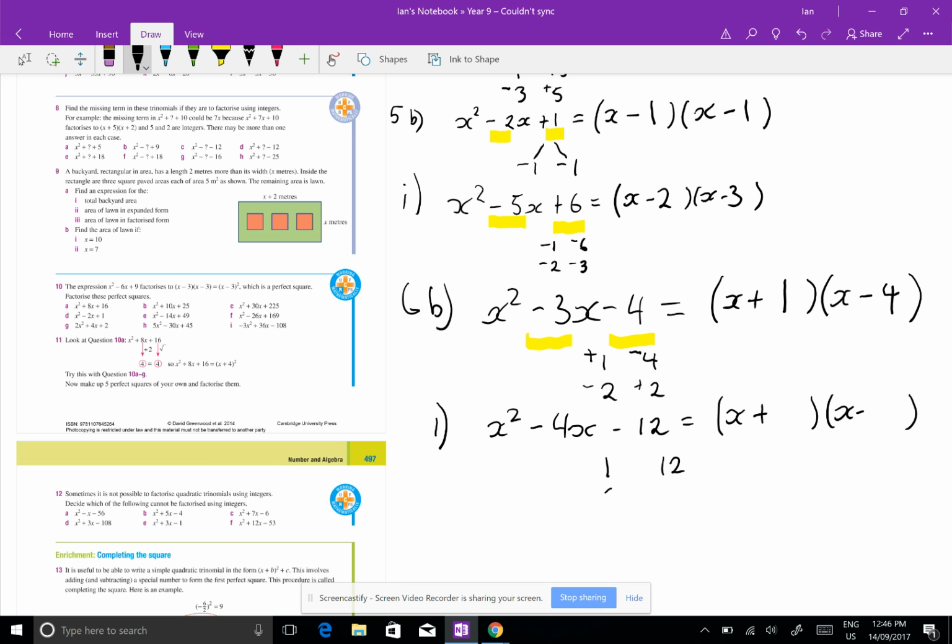I can have 2 and 6. What if I had -2 and +6? No, that doesn't work. That adds up to +4. What if I had +2 and -6? Yes, that multiplies out to -12 and adds up to -4. And that's my answer, x plus 2, x minus 6.